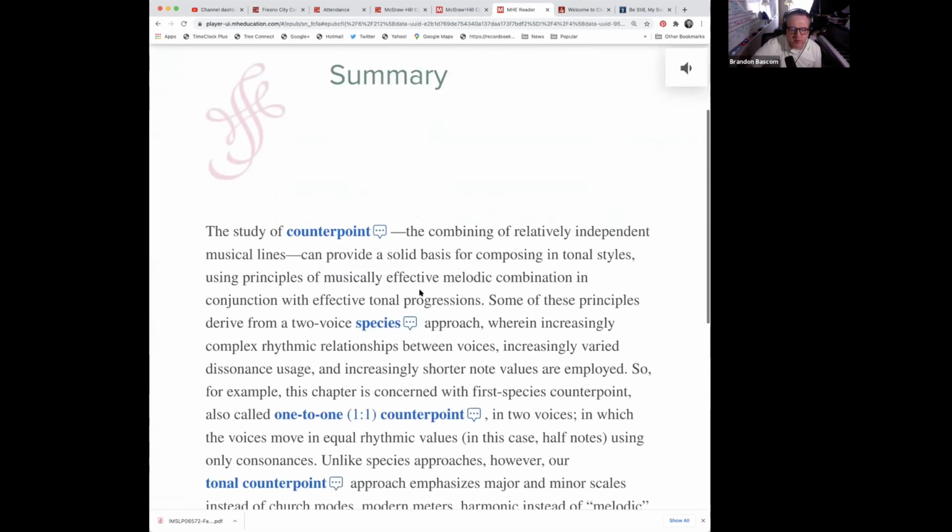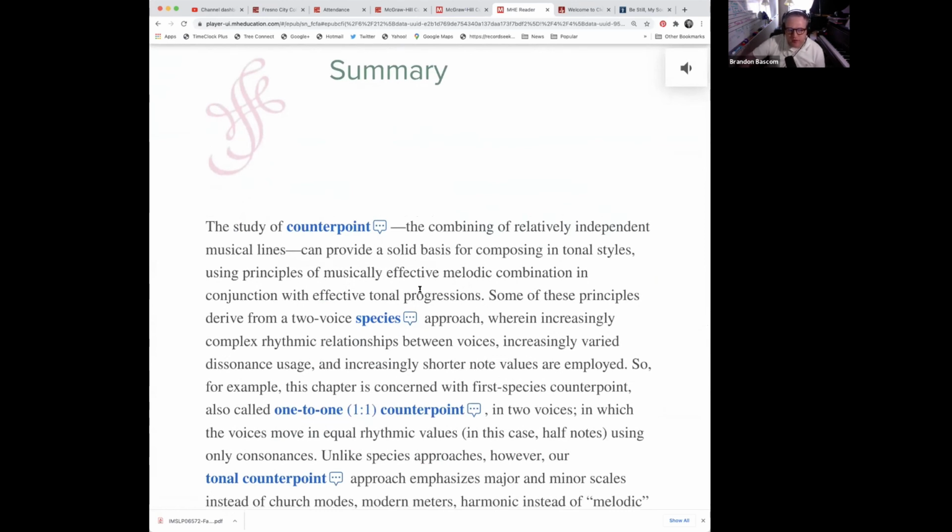The study of counterpoint, the combining of relatively independent musical lines, can provide a solid basis for composing in tonal styles using principles of musically effective melodic combination in conjunction with effective tonal progressions.